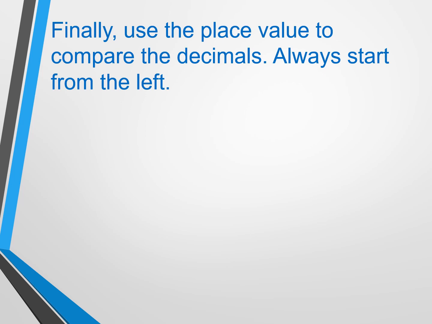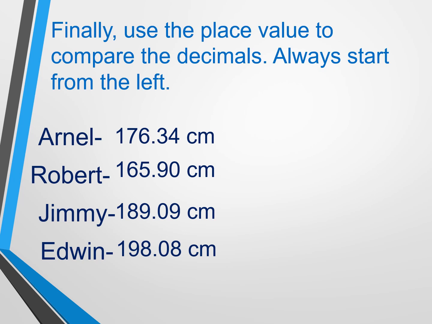Finally, use the place value to compare the decimals. Always start from the left. So we start from the highest place value, which is the hundreds place. All of them are equal. Therefore, we proceed to the second place value, which is the tens place. So we can already identify which is the smallest number.